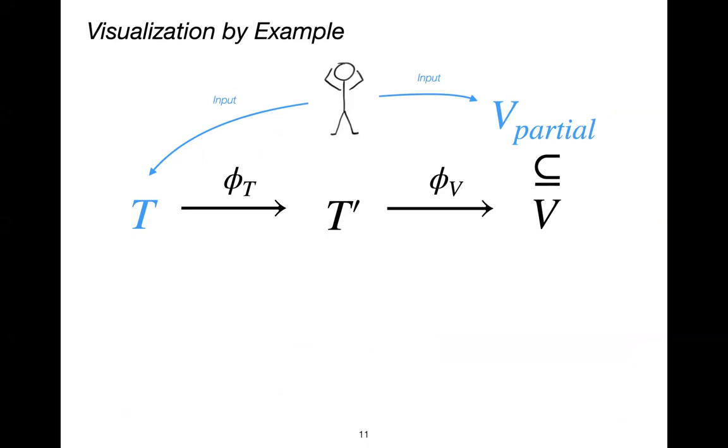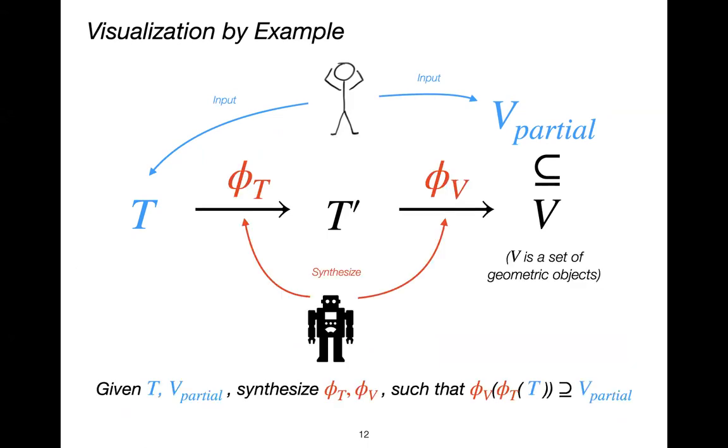It's essentially asking the program synthesis tool to figure out the transformation program such that the final visualization contains all the partial elements. The blue parts are the input: the user provides a table and the partial visualization, which you can think of as a sketch. The idea is to synthesize a program so that everything generated by the program contains every element created in the partial visualization. Let me show you a concrete example.